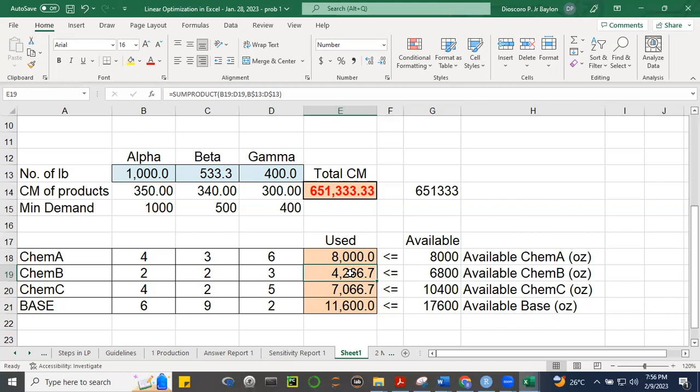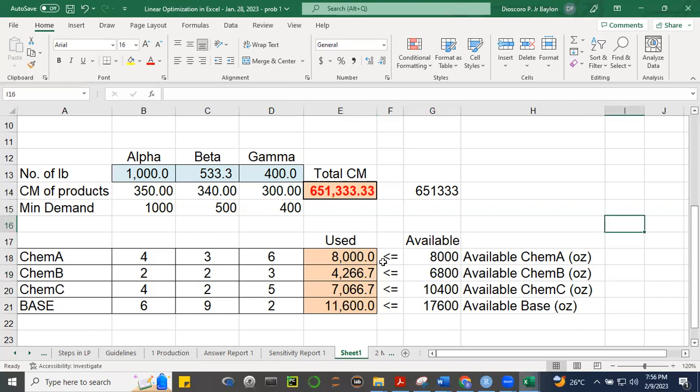So dito parang tayo, executive officers or senior officers dito. Tapos based on the solution that we generated, susulat tayo ng recommendation letter sa board. Sabihin natin, for example, na we produce this amount of alpha, beta, gamma, etc. This will give us a total contribution margin of like this. And dun sa mga resources natin, ganito. Tapos kung ano man recommendation natin, di ba?